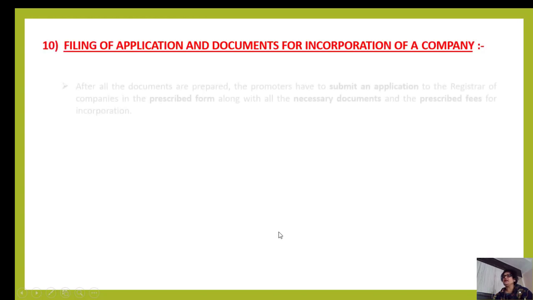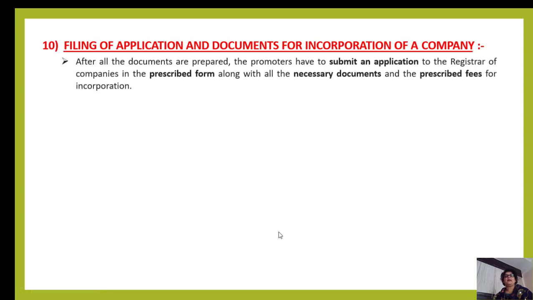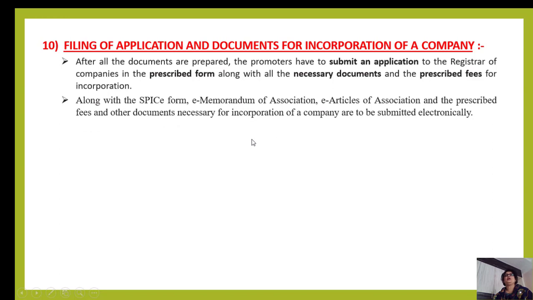The next one is the filing of application and documents for incorporation of a company. After all the documents are prepared, the promoters have to submit an application to the ROC. When all the formalities are completed, these documents are submitted to the Registrar of Companies in the prescribed form along with all the necessary documents, and the prescribed fees for incorporation are paid.